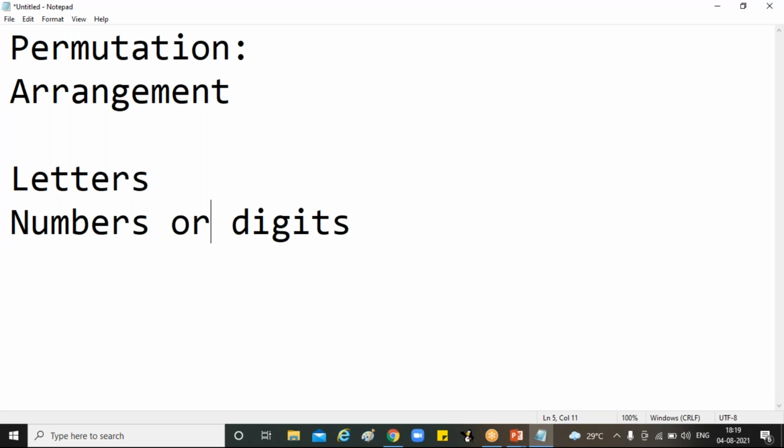While solving the problems related to permutation, what exactly is the concept here? For example, there is a three-letter word ABC. We need to use any two letters at a time.